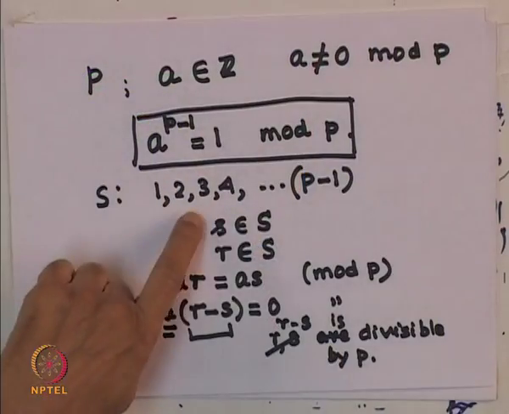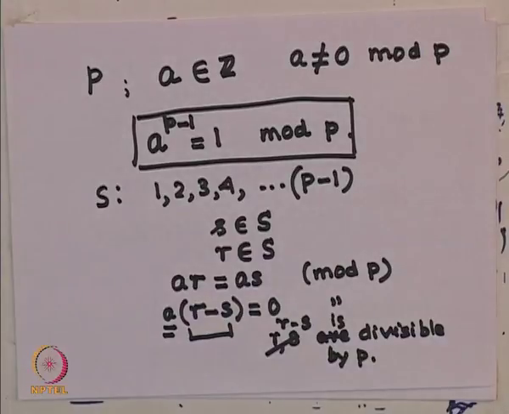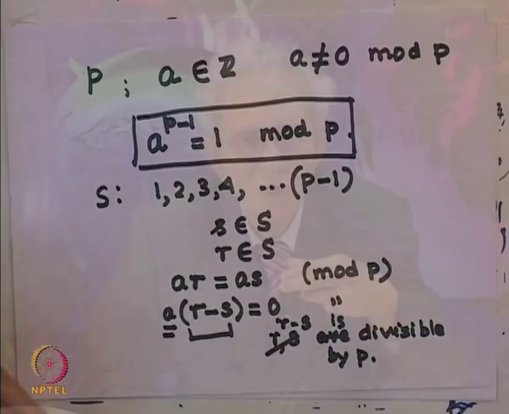So what I am doing is this: when I multiply each of these numbers by a modulo p, I am generating the same sequence of numbers in a different order, because no two numbers can be identical. We have proved that if you have ar equal to as, then r must be equal to s.